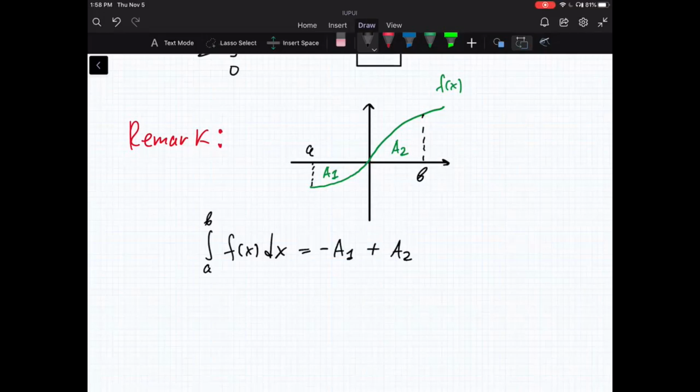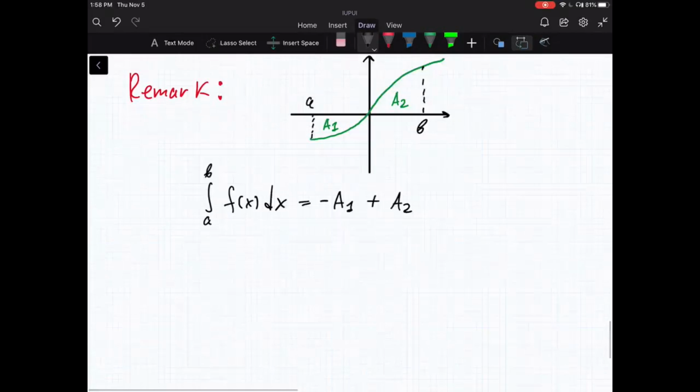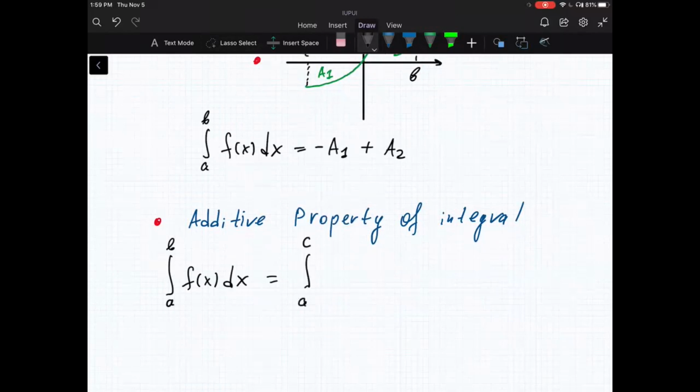So part of the region lies above the x-axis and part of the region below. You should split your integral into two. What I'm saying is that you should use this property of the integral that says the following: if you have the integral from a to b of f(x) dx, then it's the same as the integral from a to c of f(x) dx plus the integral from c to b of f(x) dx.